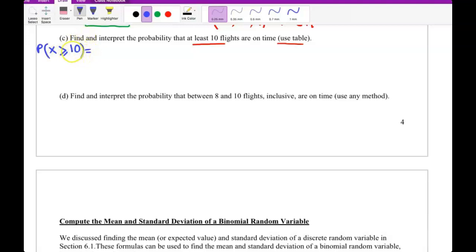So that is equal to 10 and then greater than 10. So probability of 10 plus probability of 11, 12, up to 15, because we have 15 flights for number of trials.